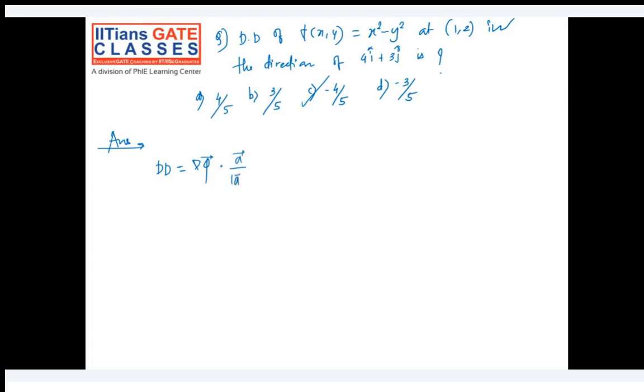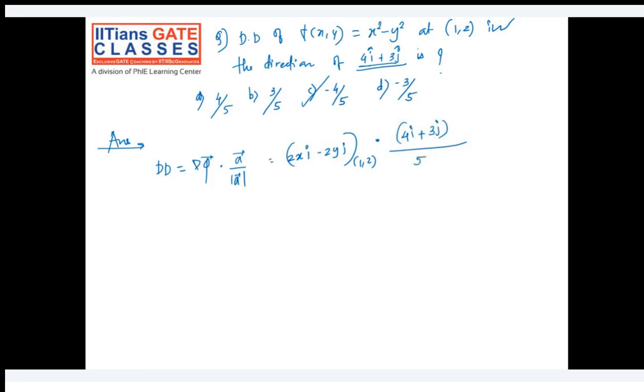Here a bar is 4i plus 3j, and del of phi is 2xi minus 2yj, calculated at 1, 2, dot product with 4i plus 3j divided by the square root of 4 square plus 3 square, which is 5.